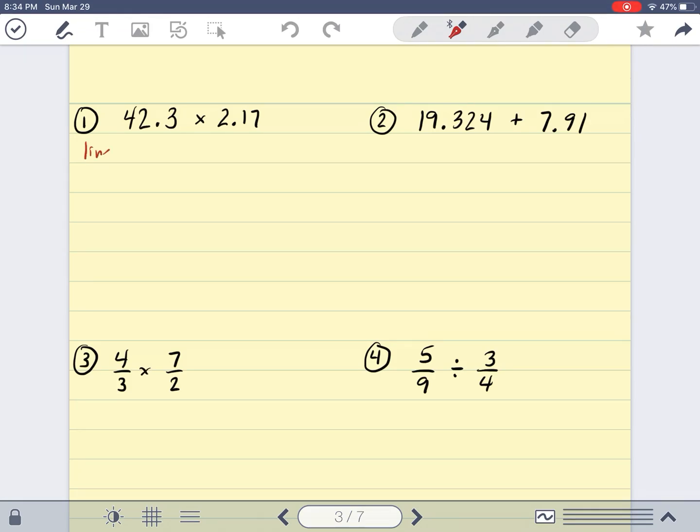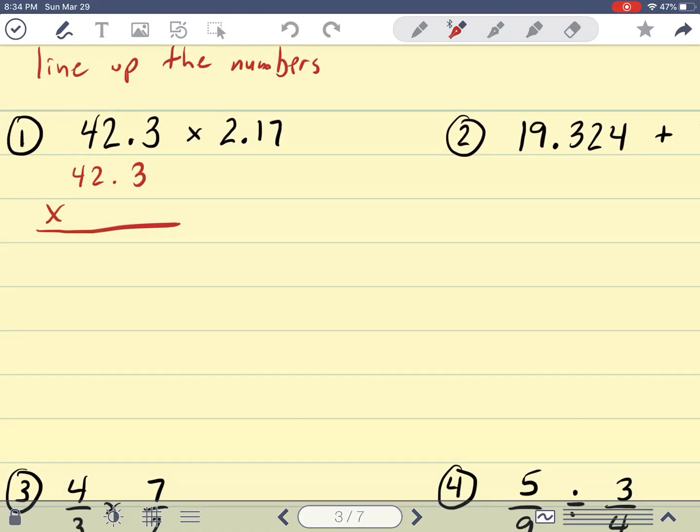You're going to line up the numbers. So you would say 42.3 times, zoom in here a little bit, 2.1. Let's make this a little neater.